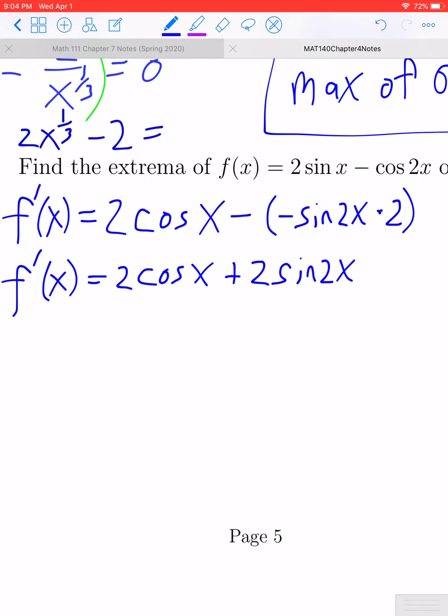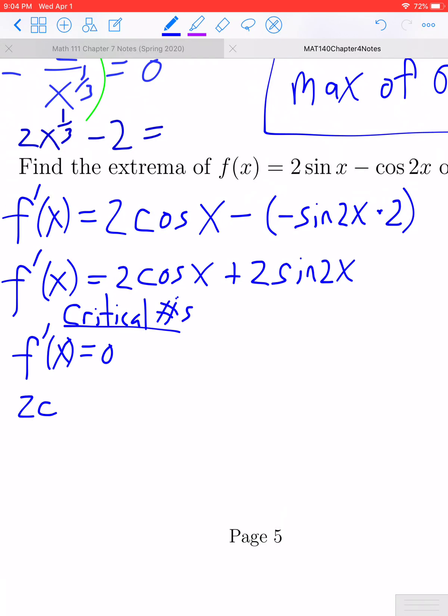Okay. We now want to find our critical numbers, so we want to know where f prime of x is going to be equal to 0. So where is 2 cosine of x plus 2 sine 2x equal to 0?